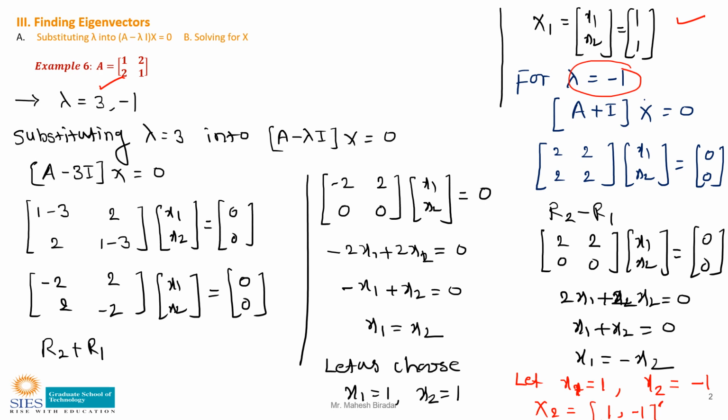Now we will apply the same logic for a 3 by 3 matrix also. Let us solve this example. Same example we have solved in video number 1. We have calculated eigenvalues of this matrix.